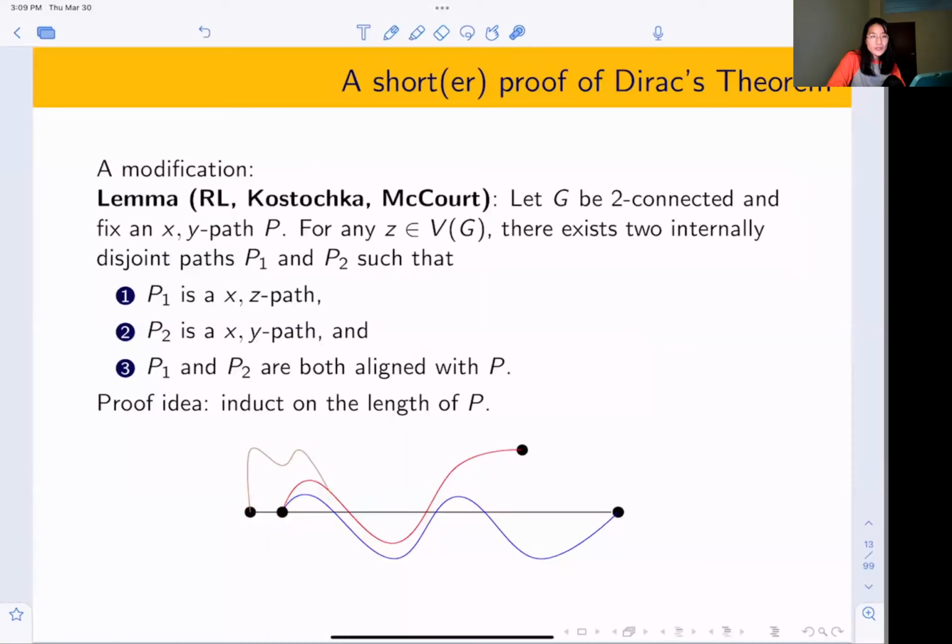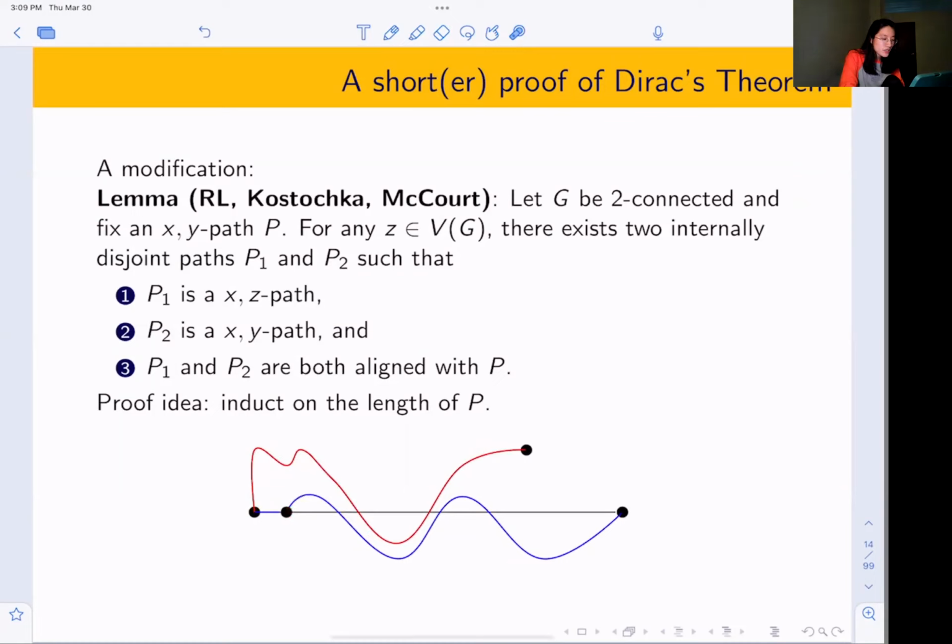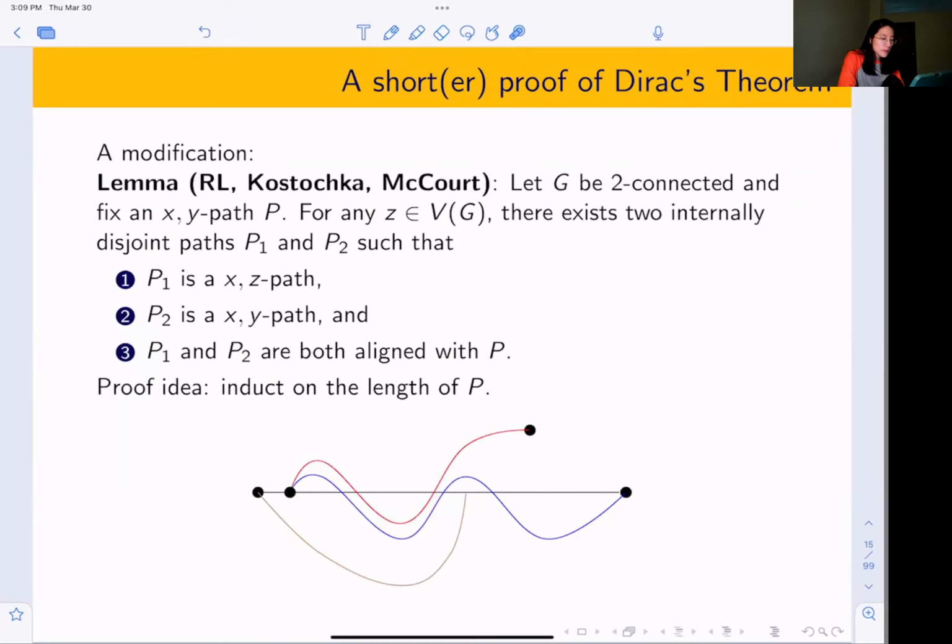If this path first hits, say, this red path here, then now we can just combine these paths like this. And for the other path, I just add this edge here from the first to the second vertex of P. And then another case, so when this path from X touches first the original path P, then what I'm going to do is follow this, walk forward until I touch either the red or the blue path, and then follow the rest of that path.